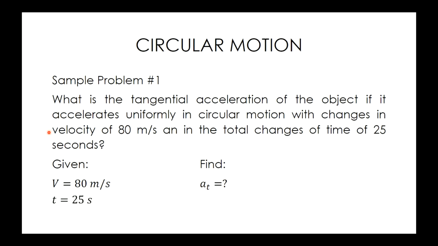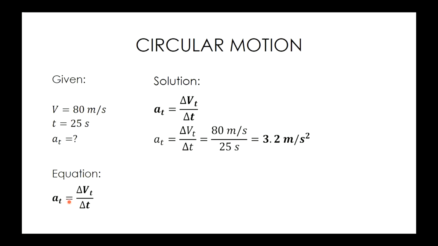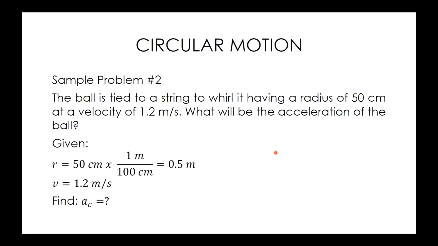So we have given the velocity, which is 80 meters per second, and time, which is 25 seconds. So we are going to find the tangential acceleration. So simply that is delta V sub t over delta t. So we have 80 divided by 25. We will come up with the answer 3.2 meters per second squared.